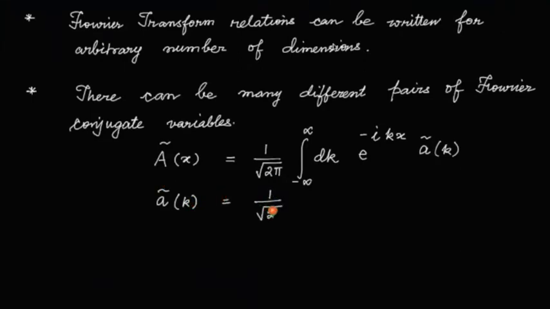The other point is, again, it's a matter of convenience where we will use minus ikx and where we will use plus ikx. This is just one convention that we are using. Okay, so k and x are Fourier conjugates here.